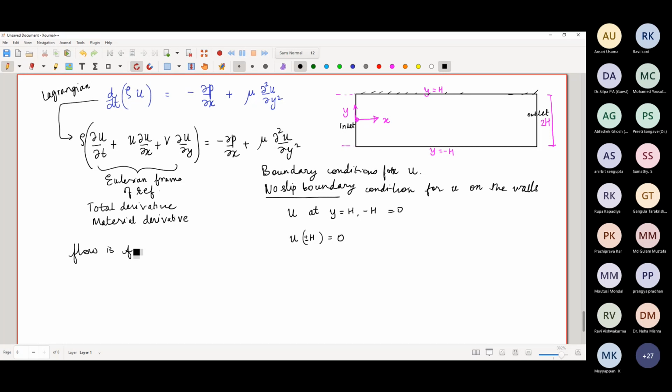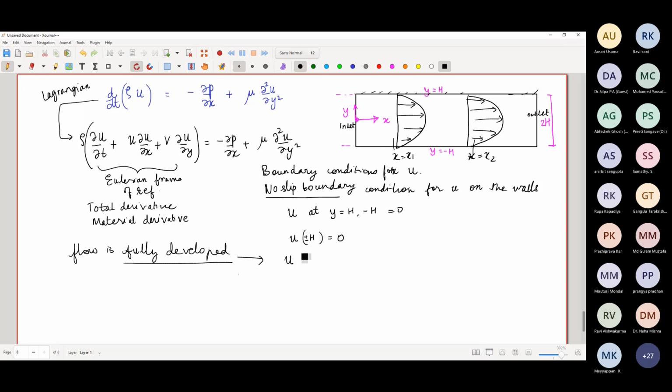When we say that the flow is fully developed, it means that the flow has no longer any variation in the x direction. At any x location, we will have the same velocity profile. Although my drawing is not so precise, at any cross section at x equal to x1 or x equal to x2, the u component of velocity is not dependent on x.